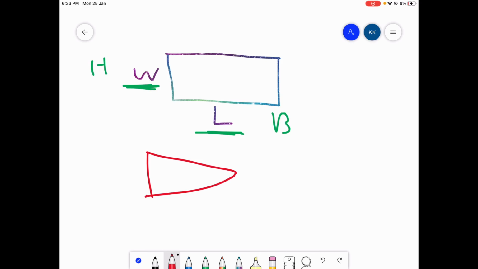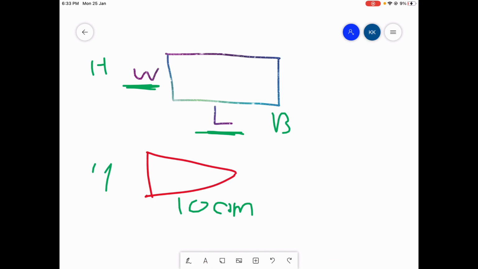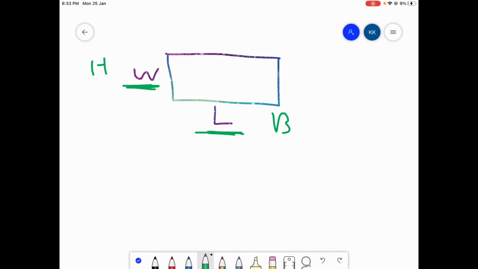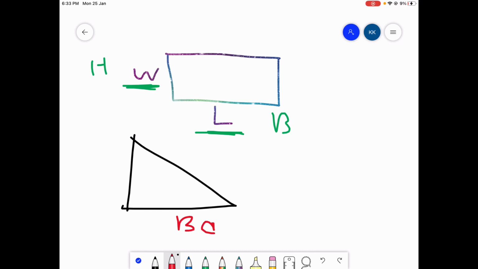We have this triangle, and let's say this is the base and this is the height.